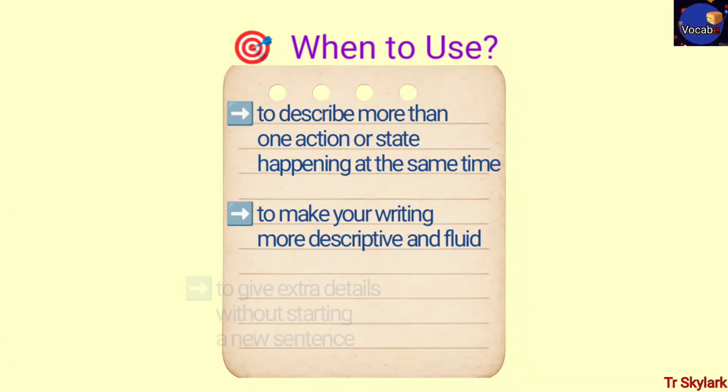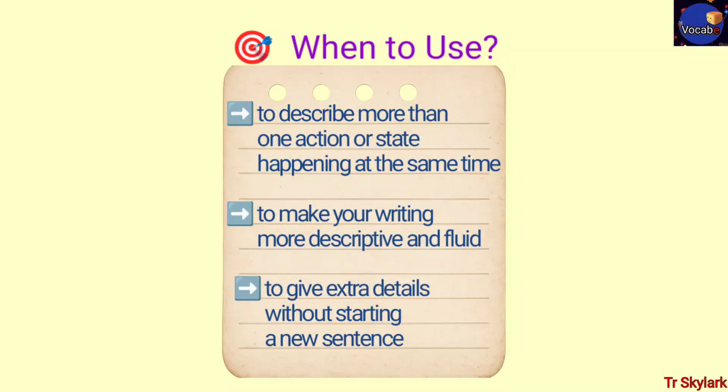Number 3, when you want to give extra details without starting a whole new sentence. That's what I wanted to share with you today. When you combine 2 sentences into one using this method, it makes your writing stronger and smoother. So it becomes a powerful way to make your writing sound more natural and expressive.